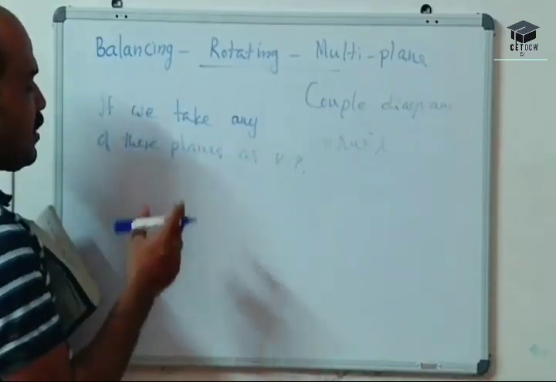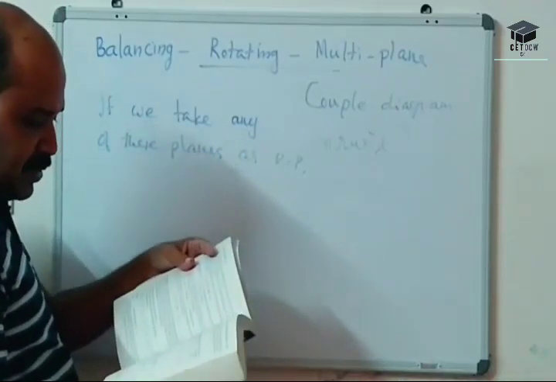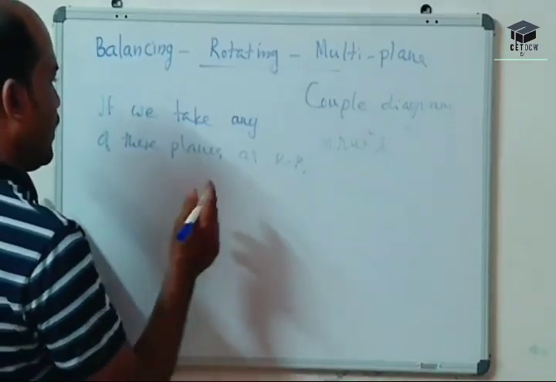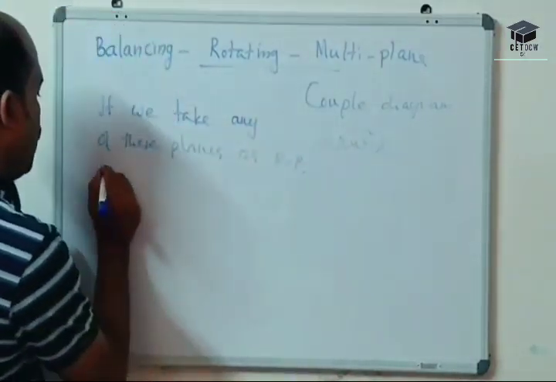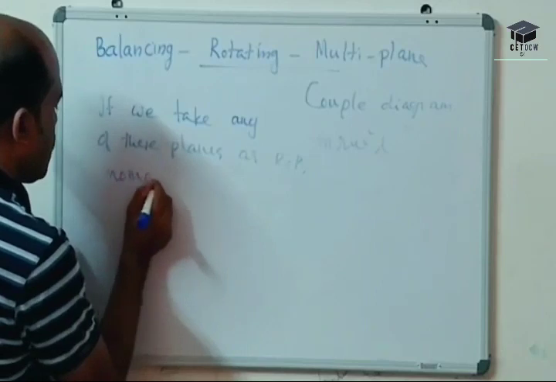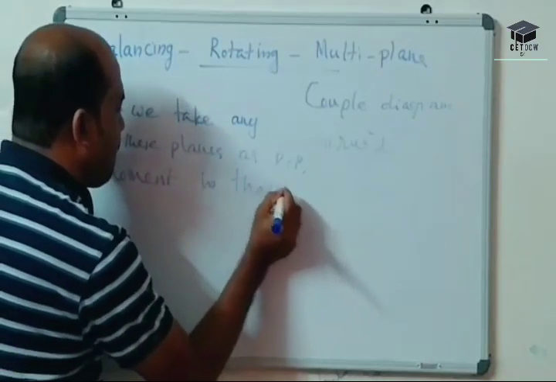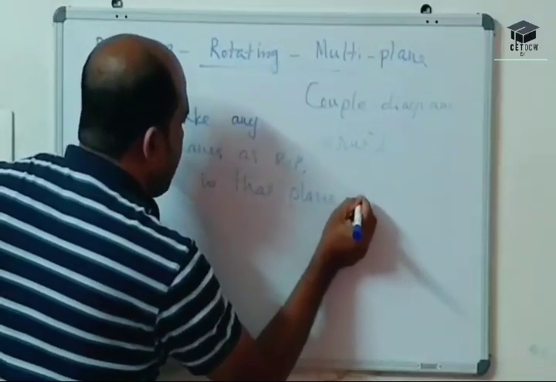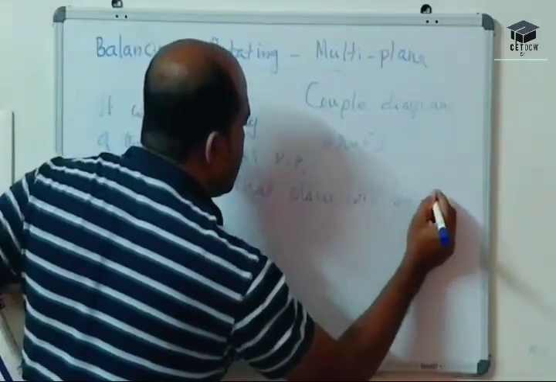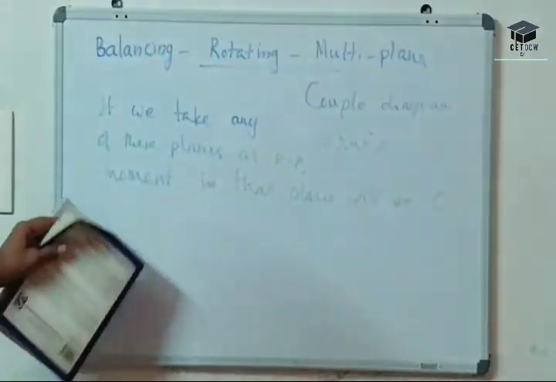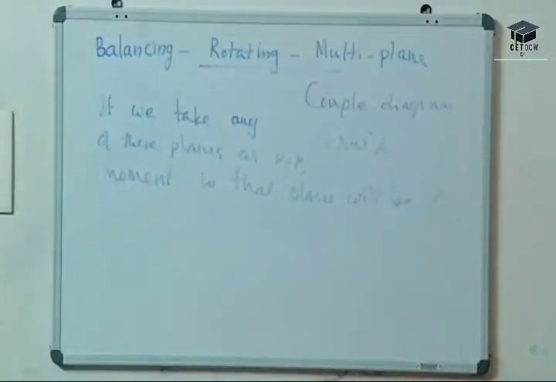So you can take either B or D as reference, then the moment in that plane will be 0. So this is the advantage of the coupled diagram.